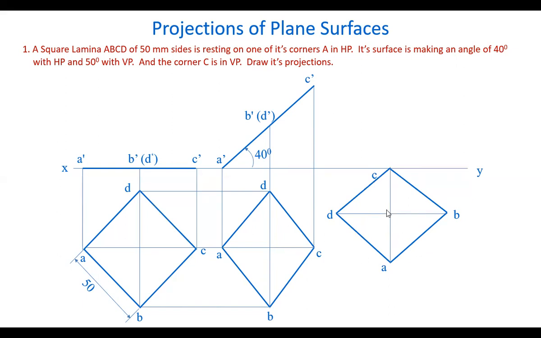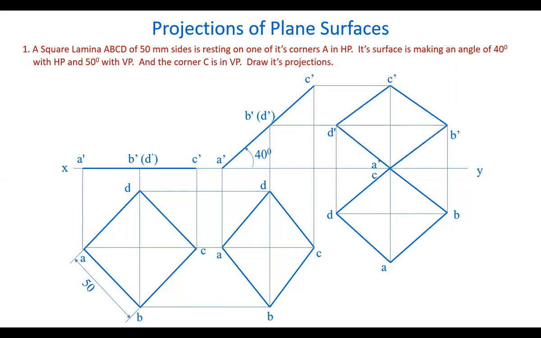Now let's draw the front view. Draw projectors from these points and horizontal lines from these points. Now get the intersection points here, A, B, C, D in the front view. That's why they are called A dash, B dash, C dash, and so on. Now, join them by straight lines here.